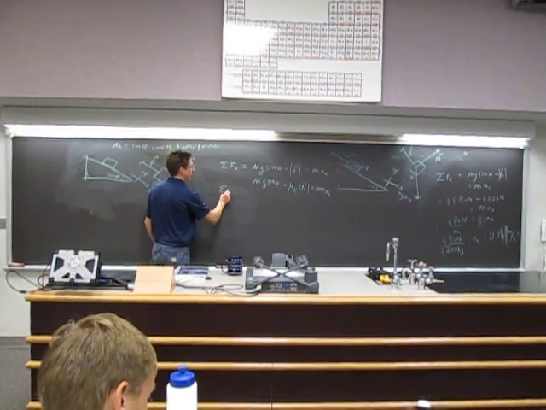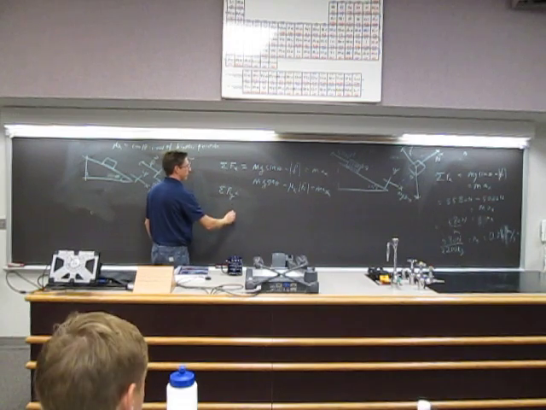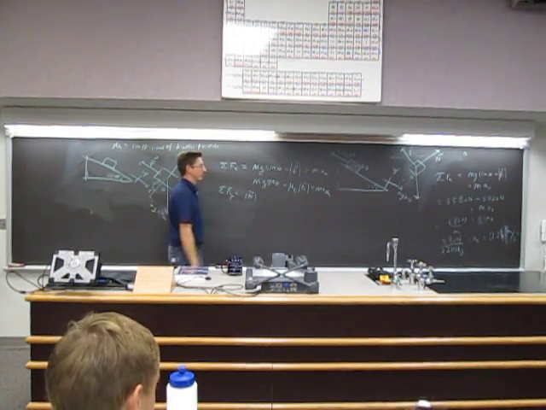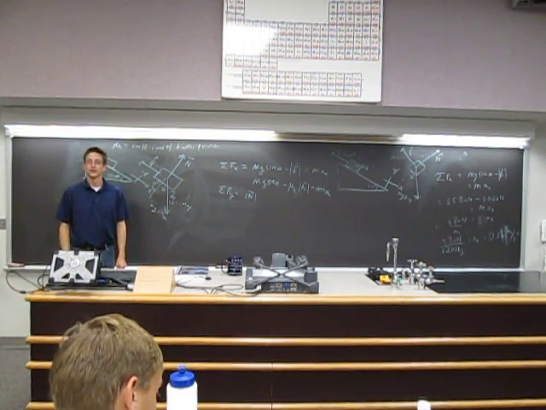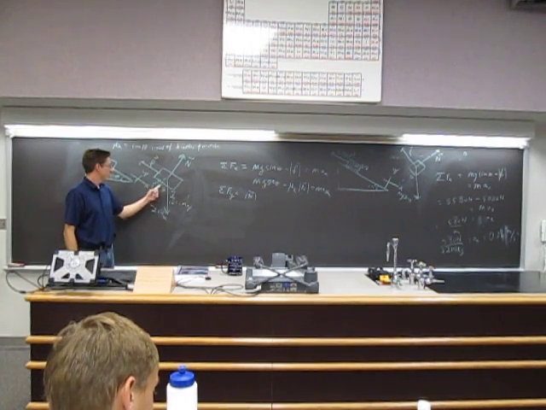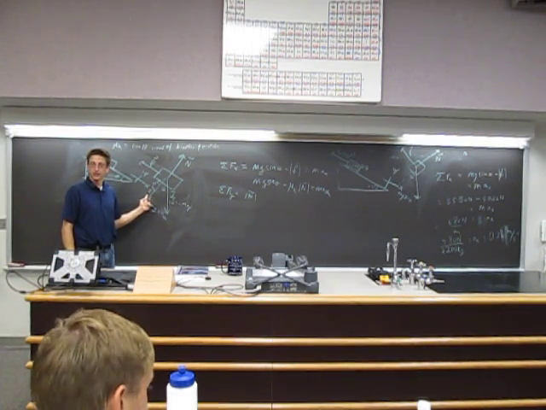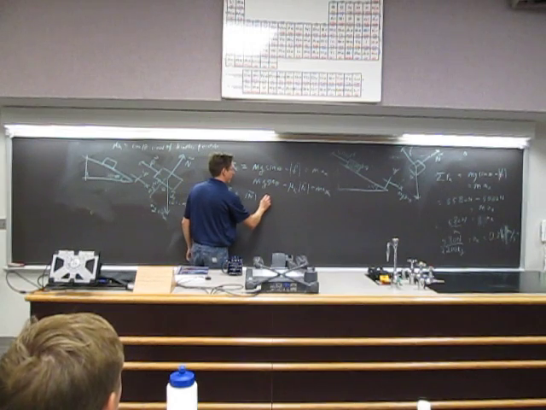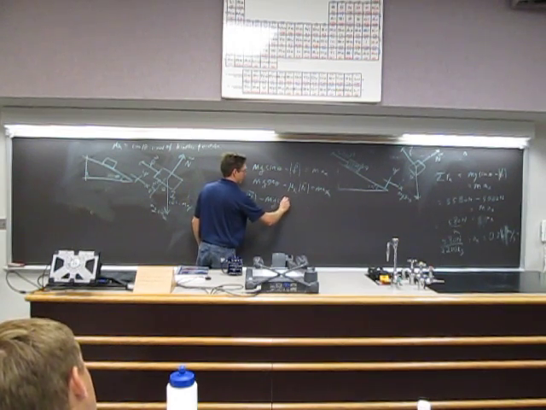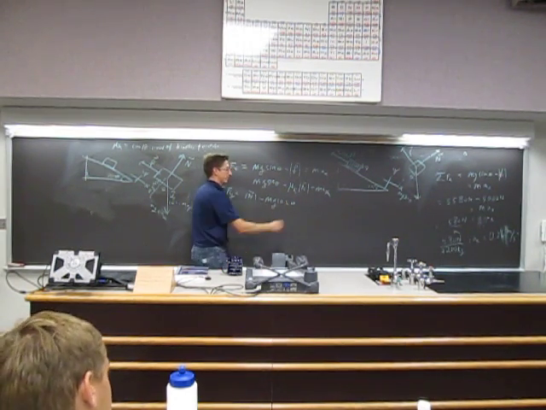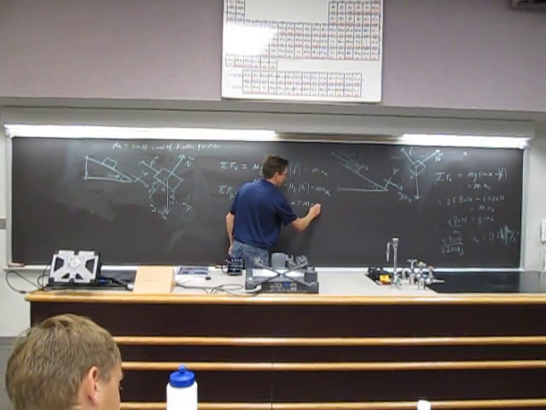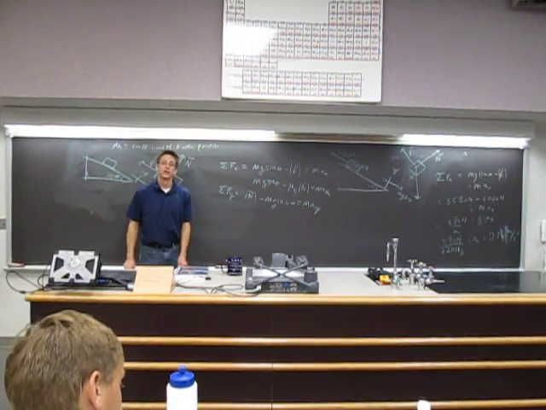So the sum of forces in the y direction: the normal force points in the positive y direction, and then the mg cosine of theta points in the negative y direction. And that's mass times acceleration in the y direction.